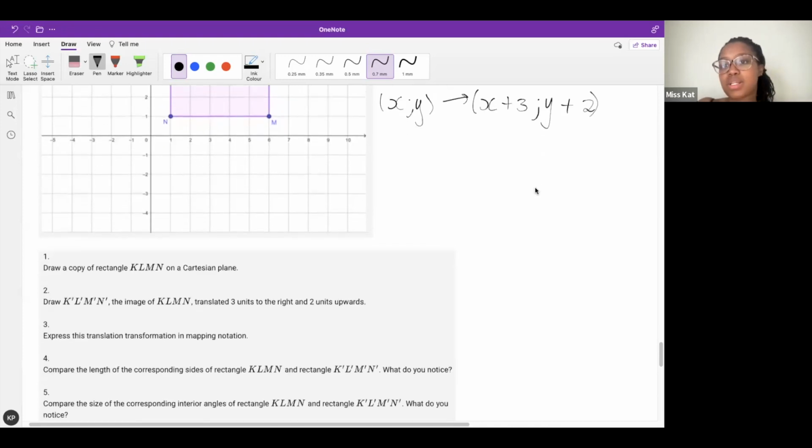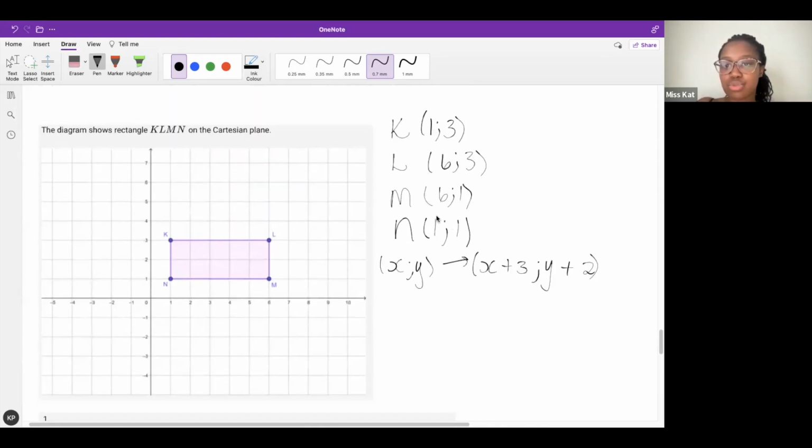Now I'm going to need us to use this rule to get K prime, L prime, M prime, and N prime. So K prime will then be what? We're moving from 1, 3. We're going to add 3, add 2, and what's my new coordinate for K prime? Thank you, Tato.